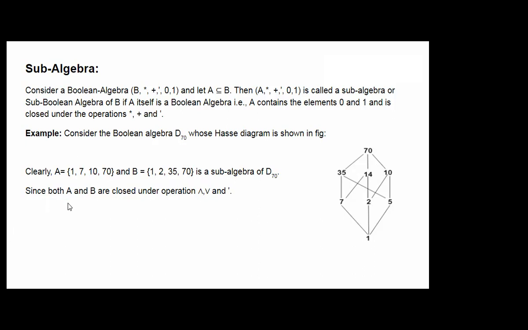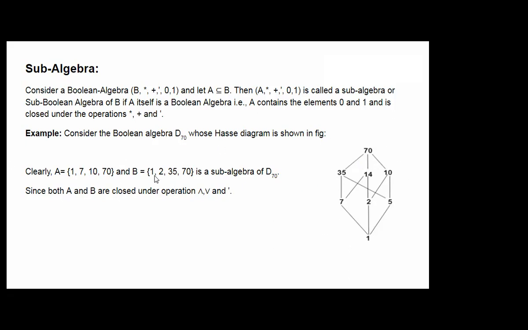Like that, since both A and B are closed under the operations and, or, and complement, we can say that A and B are the subalgebras of D70. Okay, suppose this is the D70 Hasse diagram, and A and B are the subalgebras of that.